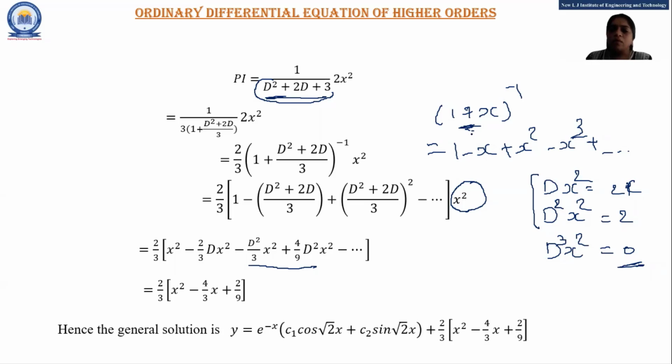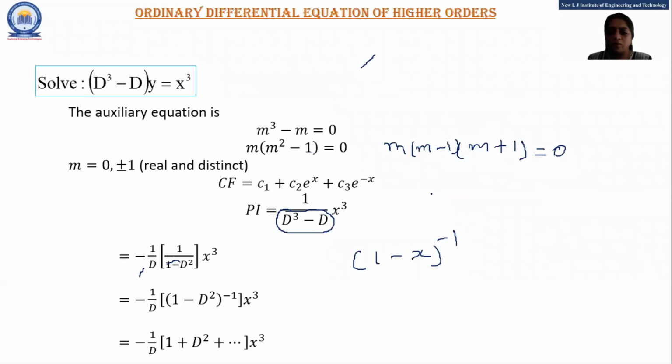But in the binomial expansion, if we have 1 minus x whole raised to minus 1, then it is 1 plus x plus x square plus x cube and so on. The formula is the same, but all signs are positive when there is a minus sign between 1 and x. Here there is a minus sign between 1 and D square, and this D square is x. So 1 plus D square plus D square raised to 2, plus D square raised to 3, and so on.